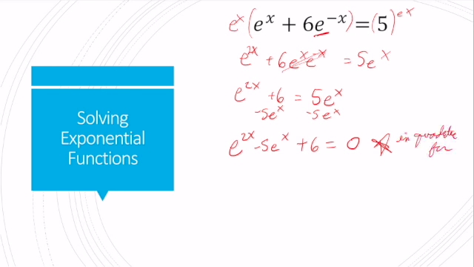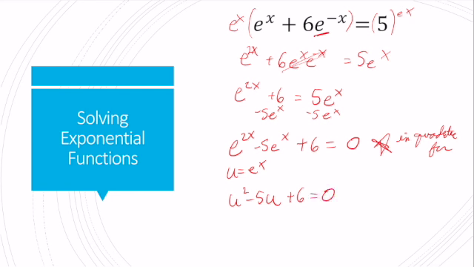So I'm going to let u equal e to the x, and we're going to solve this by substituting u for e to the x. So I have u squared minus 5u plus 6 equals 0.